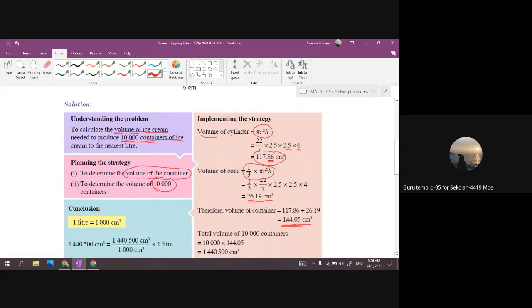But this is not the final answer because this is only for one container. Remember, the seller wants to sell 10,000, right? So 10,000, darab je 144 yang kita dapat untuk one container ni, multiply with 10,000.